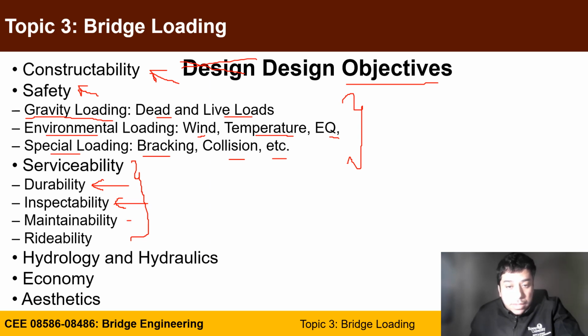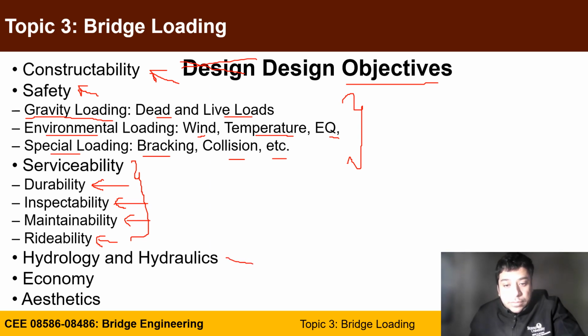Also maintainable, where it can be maintained if there's limited damage and upgrade needed. Also, rideability would mean that the riding surface is smooth and easy for the traveling public, so you don't have crazy vertical curves or horizontal curves.